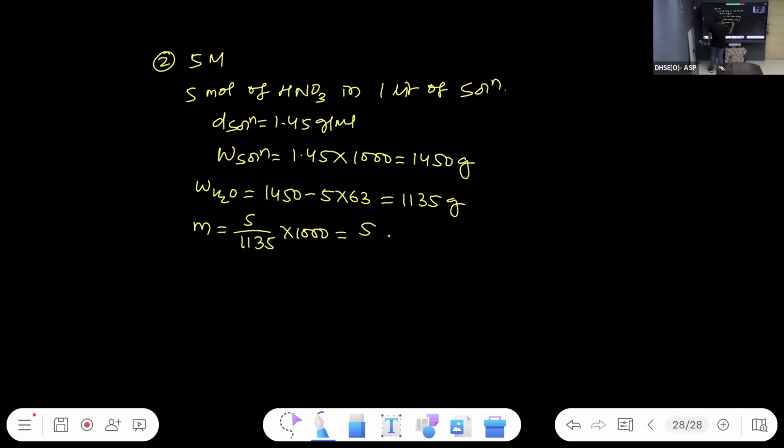So 5000 divided by 1135. So 5000 divided by 1135. So it is coming 4.405 molality. Okay, 4.405. Most students write 4.4, that is also the correct answer.